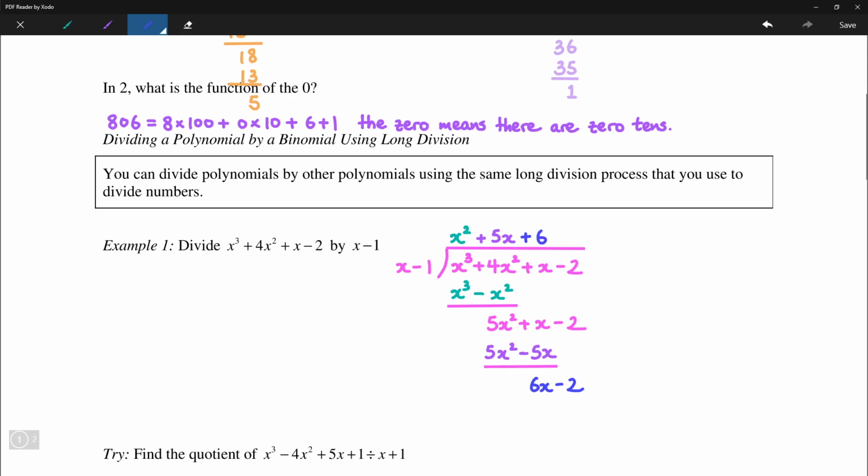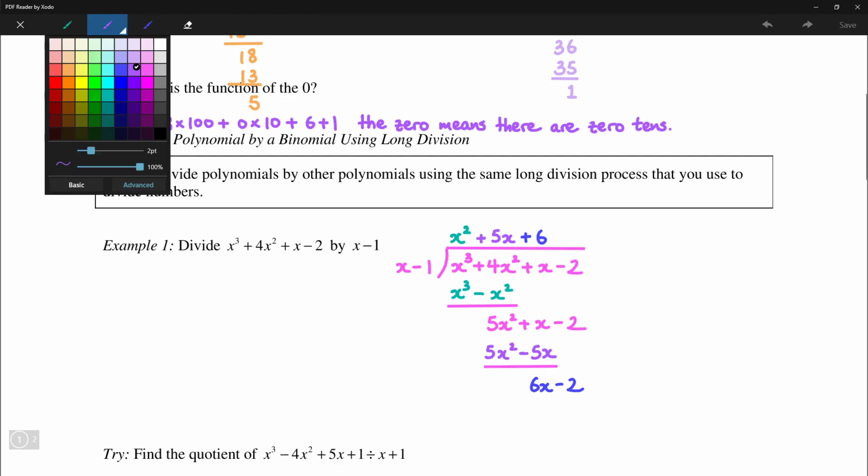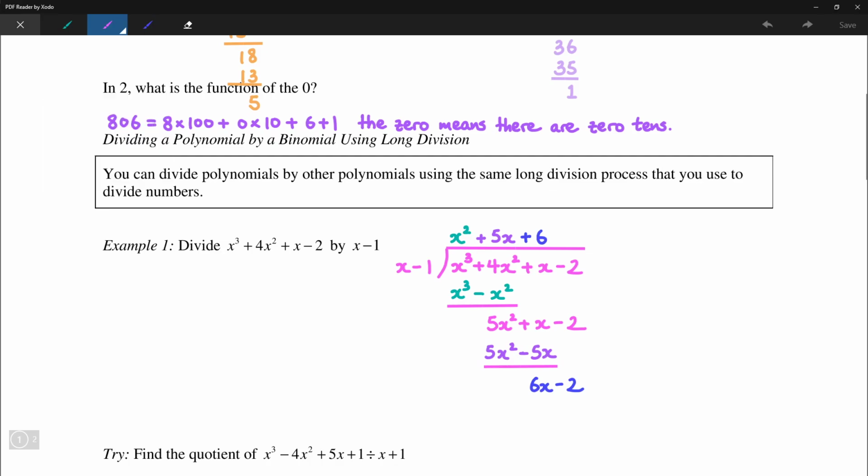Oh, sorry, this is the wrong color here. It's just easier to understand if everything is color-coded correctly, so let's just fix that. So 6x minus 2, and then of course we have 6x minus 6, the product of 6 times x minus 1.